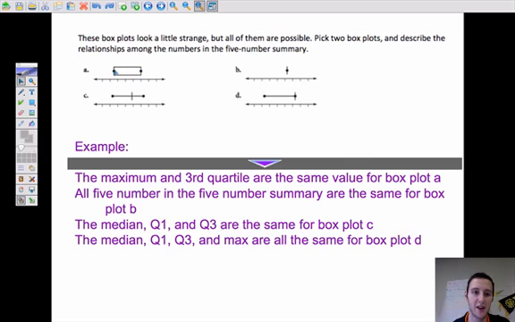You could also say that the minimum and the 1st quartile are the same value. If you're looking at box B, it just has this line with the dot right there. That means that all 5 numbers in this 5-number summary, the min, max, median, Q1, and Q3, are all the same value. Okay.